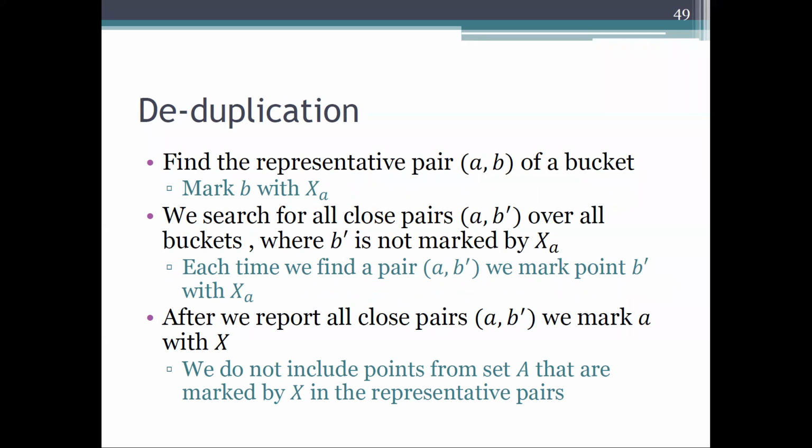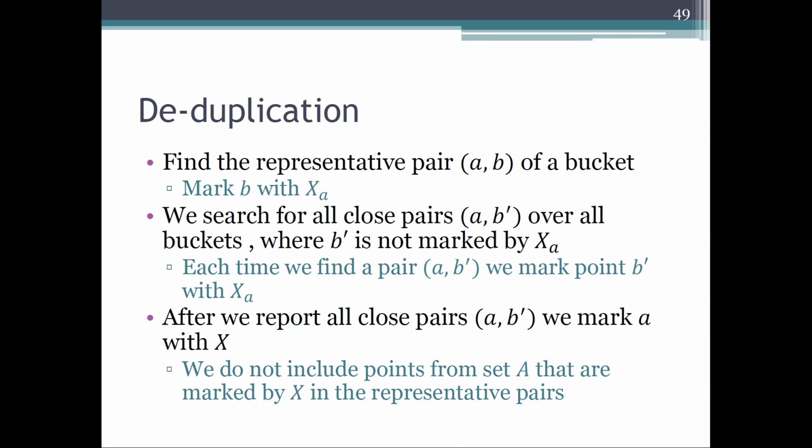Then we lock point A and we search over all buckets that contain A to find close pairs AB' for points B' that are not marked by XA. After we report all close pairs AB', we mark A with X and we continue with the next representative pair, making sure that we will not include points from set A that are marked by X in the representative pairs.